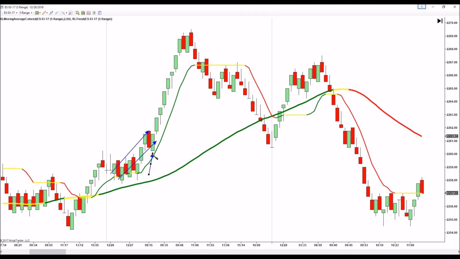Now you've got yourself an entry, even without the channel. But you've formed a channel here. Now it's not that well defined, and you really have to look carefully. But you can see that these lows are all higher. And these highs are all higher.